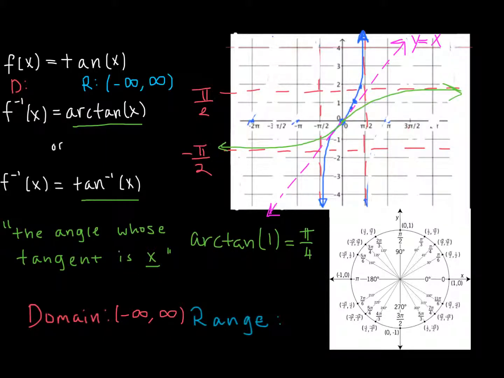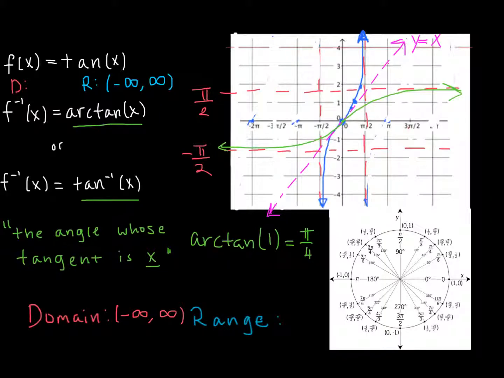And in order to have an answer come back with pi over 2 or negative pi over 2, you would have to have a tangent that is infinite, right? Undefined. And so that is just not going to happen, right? You're never going to be able to actually input a value that is undefinable because you can't define it. It'd be a contradiction. So we're going to get very close to values of pi over 2 and negative pi over 2, but you'll never quite get there.